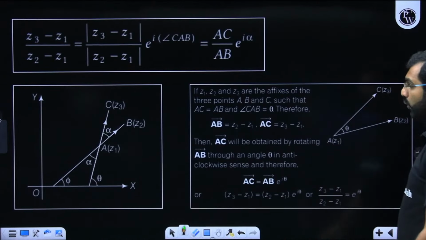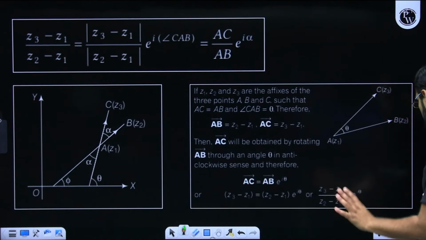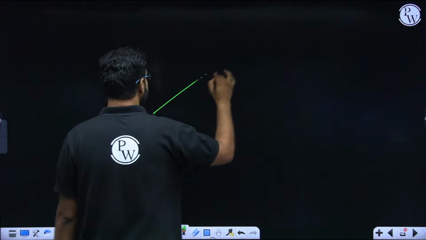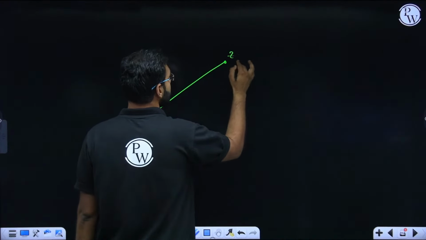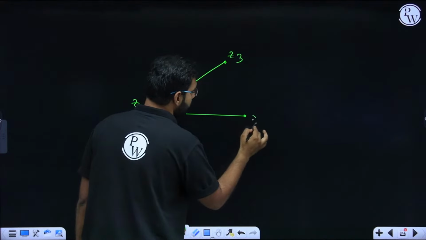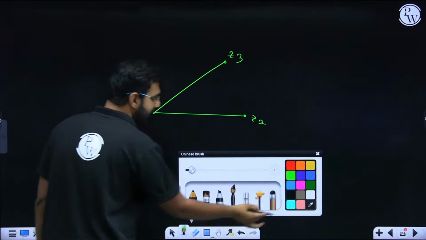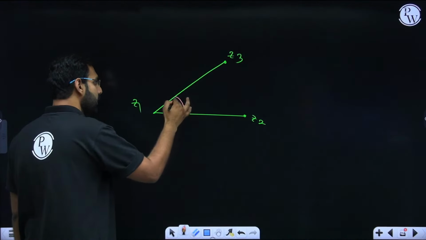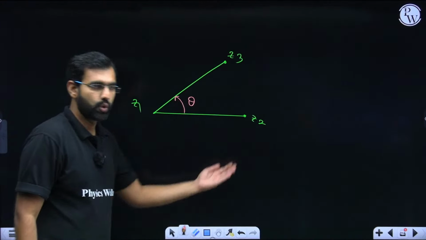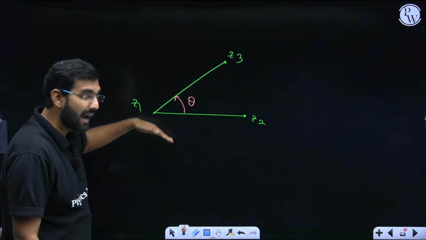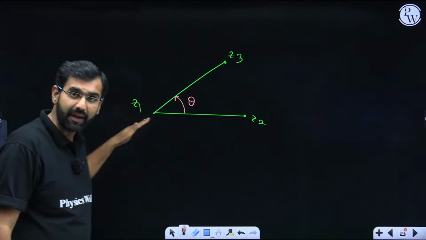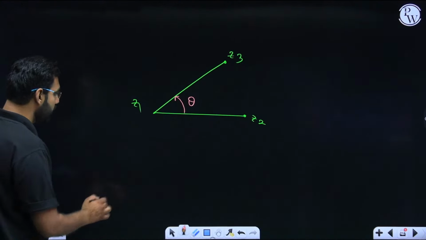Now comes the rotation formula, the Conic method. How I personally remember it, I'll simply share this direct formula. Let's say there is a complex number Z3, and I have gotten it from Z2 to Z1. So how am I getting it? When you rotate Z2 minus Z1 by theta degrees in the anti-clockwise direction, and you get Z3 minus Z1, then how do we write it?